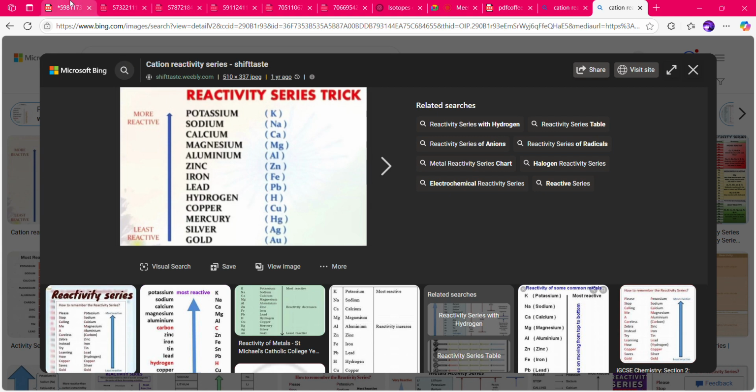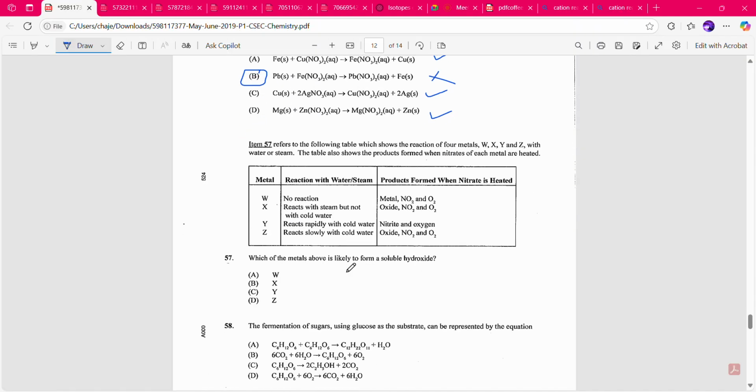57 refers to the following table, which shows the reaction of four metals, W, X, Y, and Z, with water or steam. So the metals are reacting with water or steam.